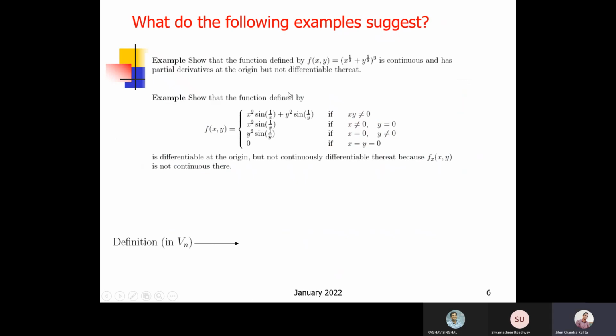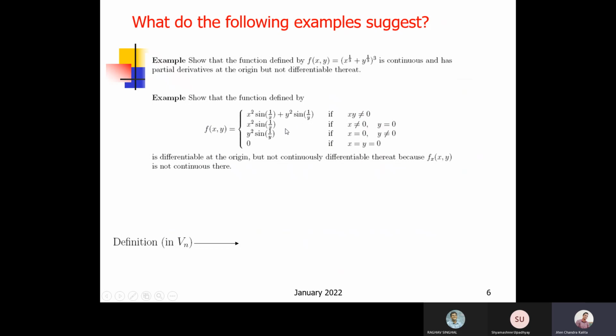And now I'll try to do this exercise. So this function has partial derivative at the origin, but is not differentiable there. This one I'll prove. After that, this example I'm going to leave it for you.